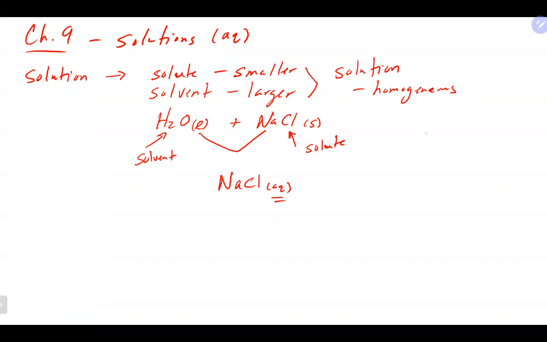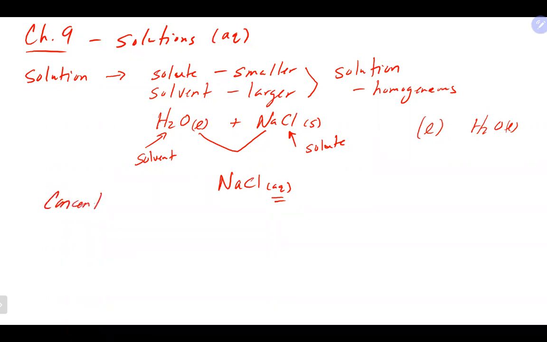Something with the L symbol, which is liquid, is really just one substance by itself. There's nothing else mixed in with it. So that's why water doesn't get an aqueous symbol, but it gets a liquid symbol, as it is just water by itself. But again, if you take something like water and put something in it that dissolves, that's basically what you get for our solutions. One of the important aspects of solutions is concentration.